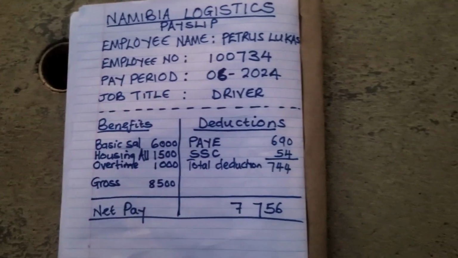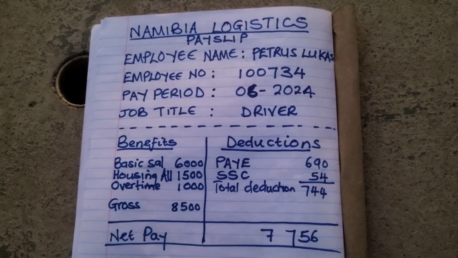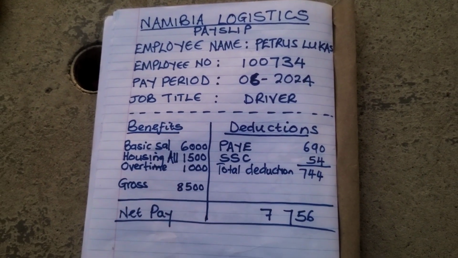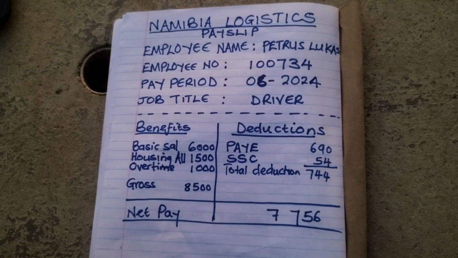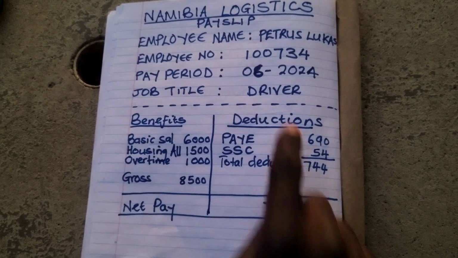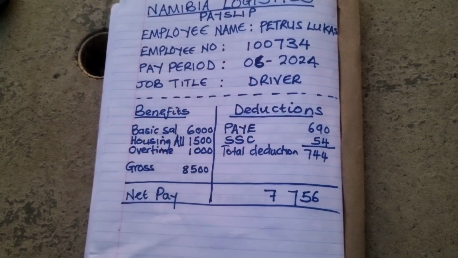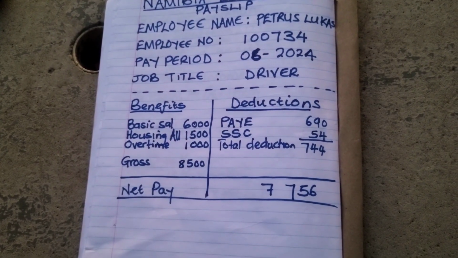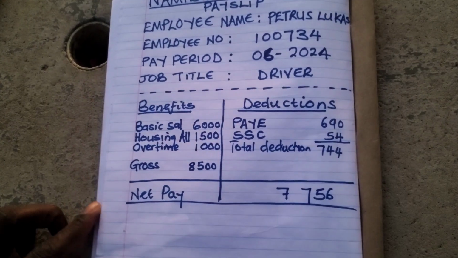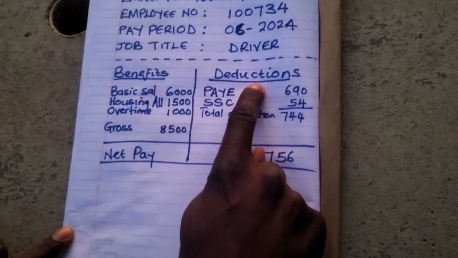It's just an example. So the job title of Comrade Lucas is a driver, and as you can see from our payslip, we are going to do the payslip for June 2024. From this payslip, we have benefits on my left and deductions on my right.